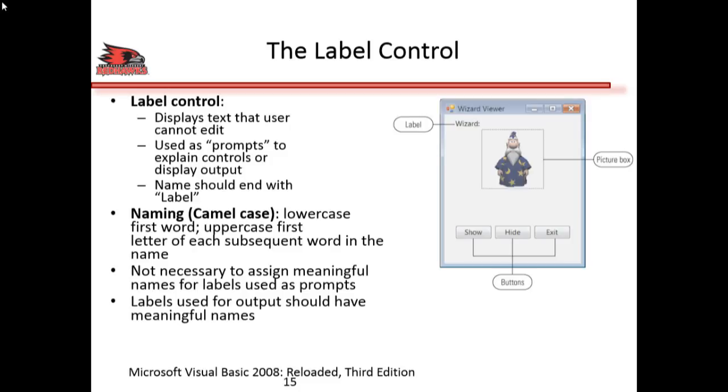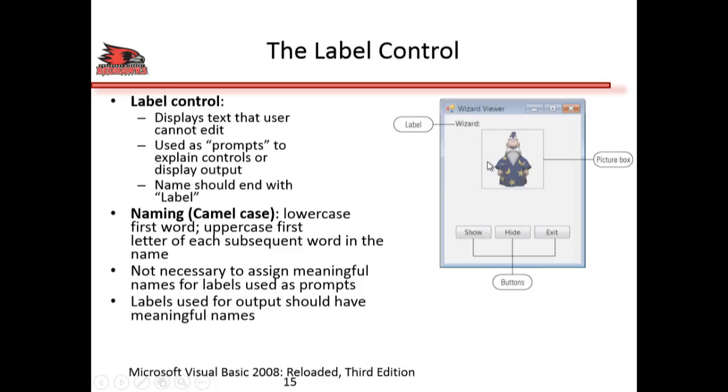They are either used as prompts to explain what a control is. So basically, suppose in here, this is a picture box control, and a label can be used for just explaining what that picture is of. That's one way of using it, and that's when it's called a prompt.